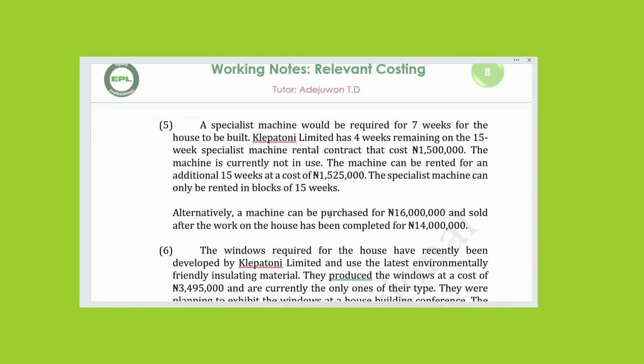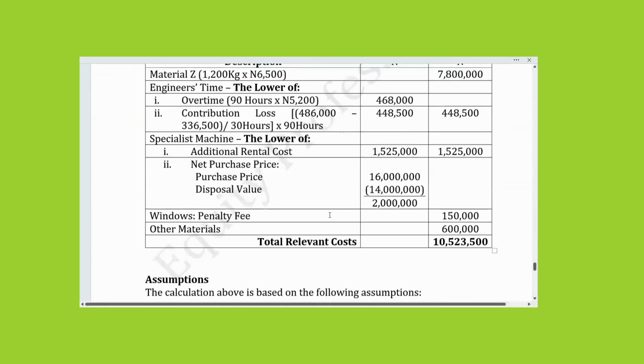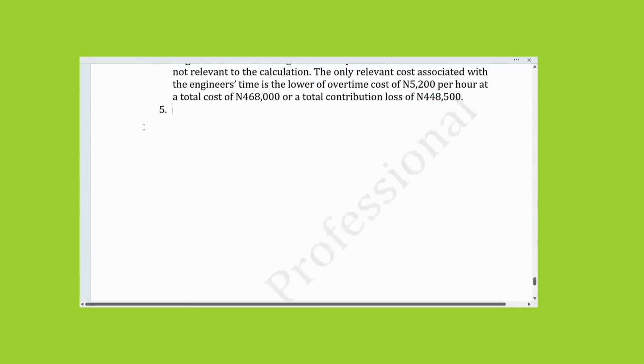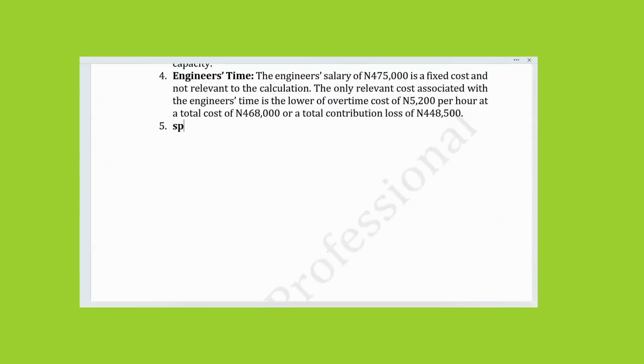However, the lower of additional weekly rentals of 1,525,000, or the net purchase price of the machine of 2 million naira is what is taken. Okay, so let's state that specialist machine.